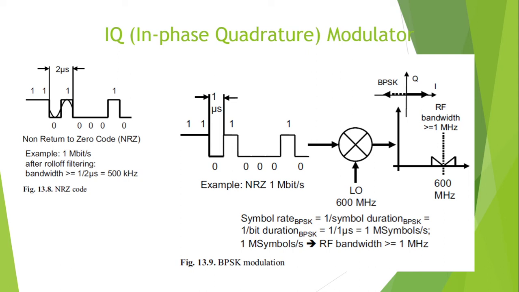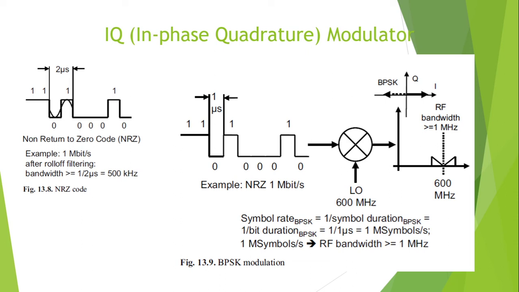The duration of one stable state of the carrier is called a symbol. And in BPSK, a symbol has exactly the same duration as 1 bit. The reciprocal of the symbol duration is called symbol rate. Symbol rate is 1 by symbol duration.